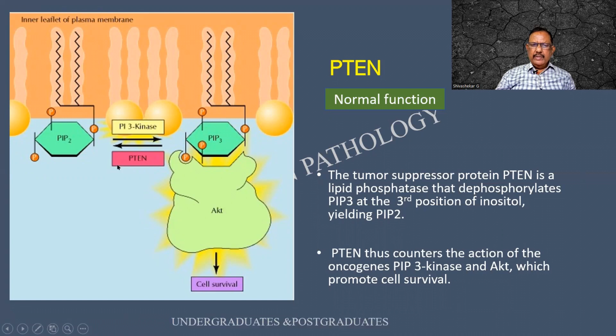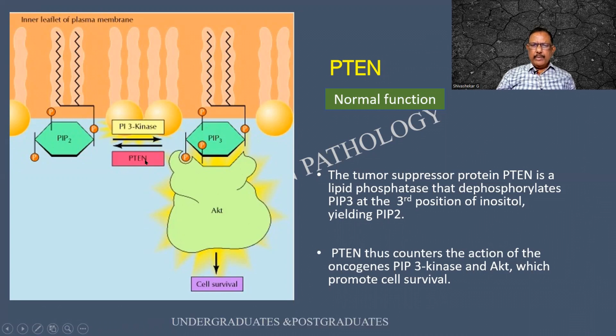Now what will happen is this is being prevented by means of this PTEN. PTEN is a tumor suppressor gene. So it is a lipid phosphatase that dephosphorylates PIP3. So this is not formed, and this complex is not being formed, as a result of which there is a delayed cell survival and there is no malignancy.